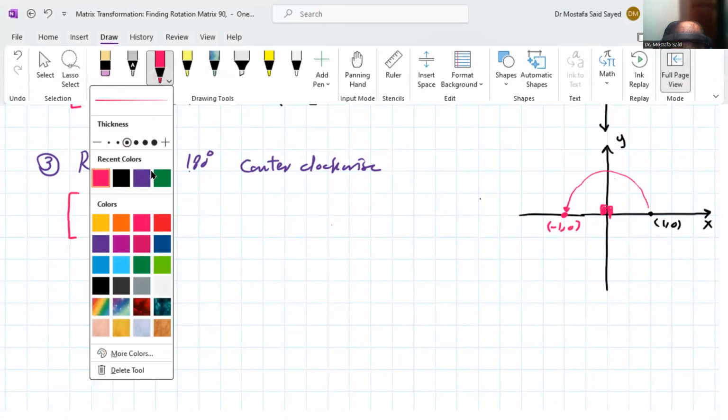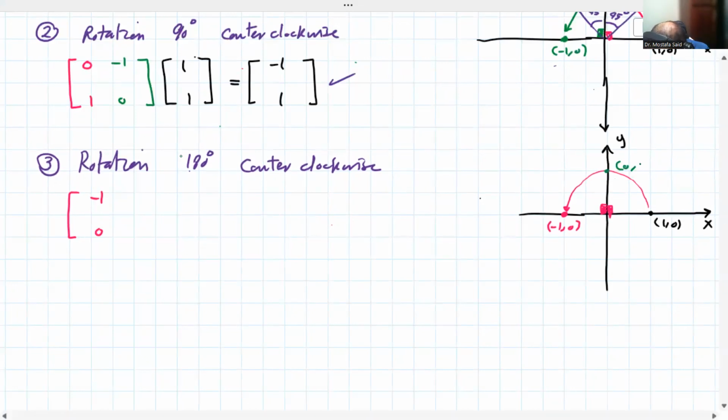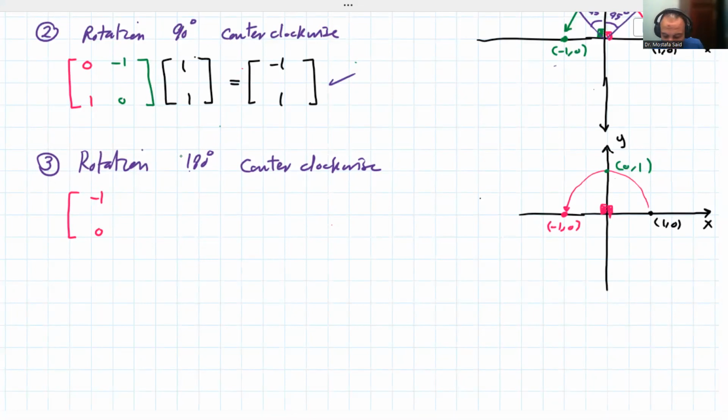Let's do the second vector, which is the 0, 1. We want to move it 180 degrees counterclockwise. But here again, moving counterclockwise is like moving clockwise because both will end up in the same location.